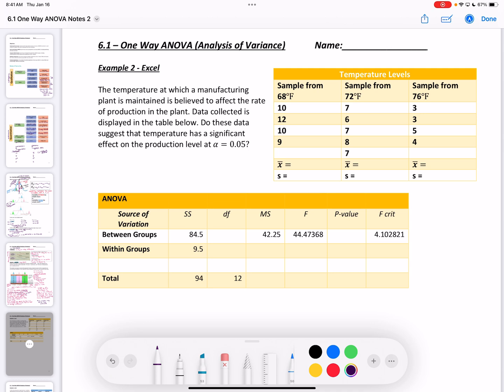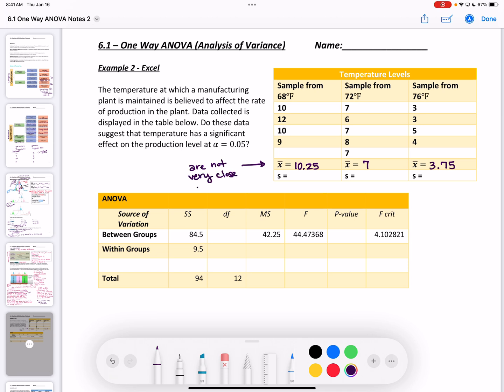So, what were the means for each sample? X bar for the first group was 10.25. X bar for the second group, 7, and the last group, 3.75. Okay, y'all. Look at those averages. Do they look similar? No. These are not very close to each other.